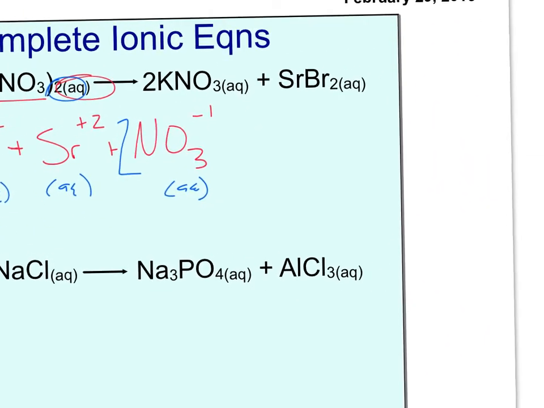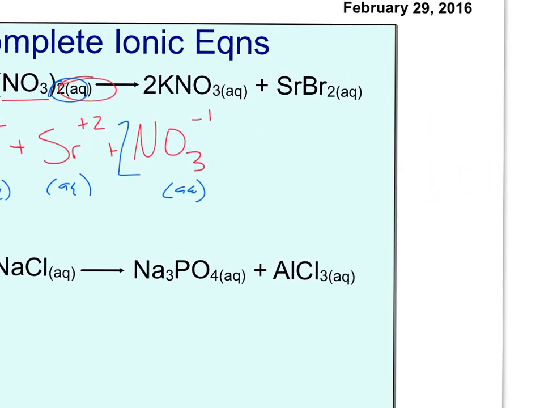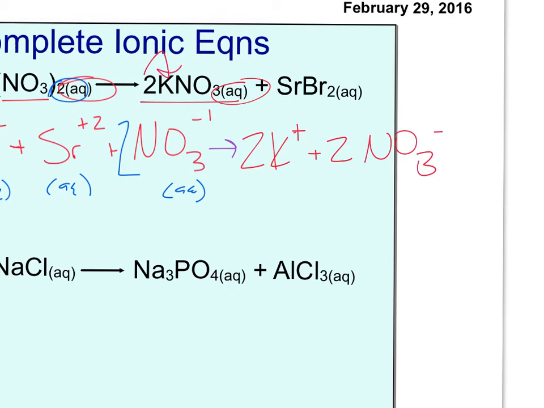Moving on, and I'm not giving myself enough room, but that's okay. Moving on to the products. 2KNO3, aqueous, split it apart. 2K+, 2NO3-. I'm giving them both 2 because the coefficient applies to everything.